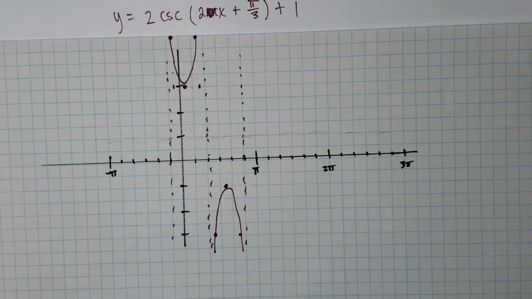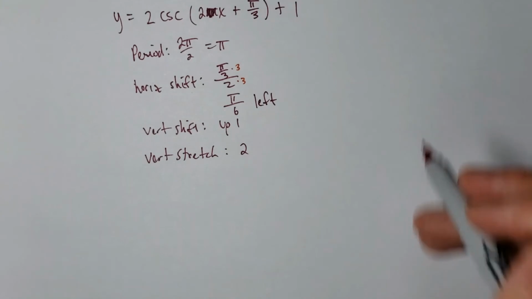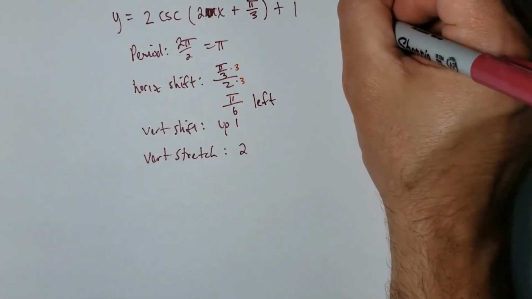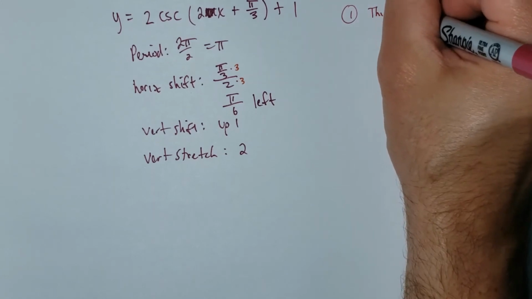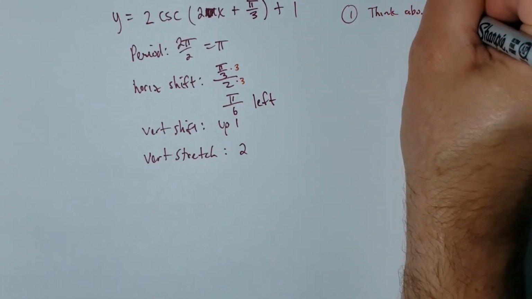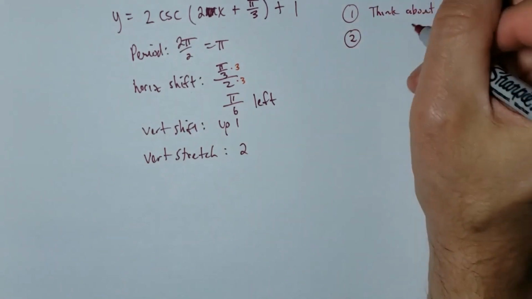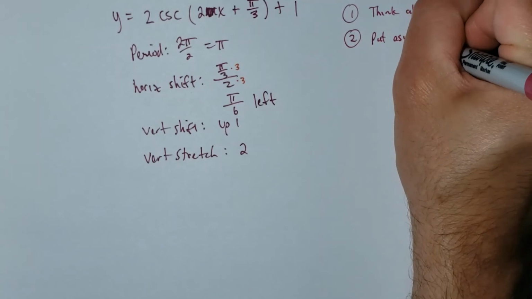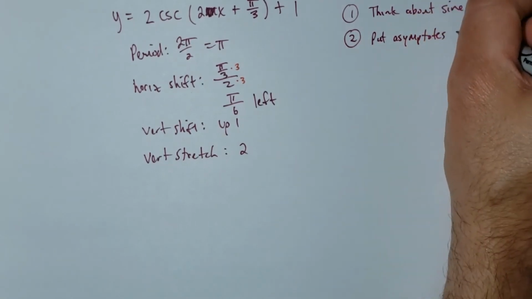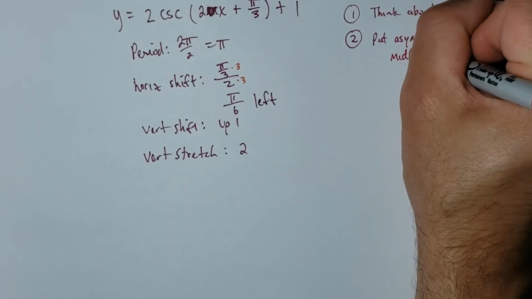All right, I think that's it for today. Let's give you some quick steps. I guess I can make these up as I go. So you want to think about sine. So the graph of if this were sine, and then you need to put asymptotes wherever the midline points would be.